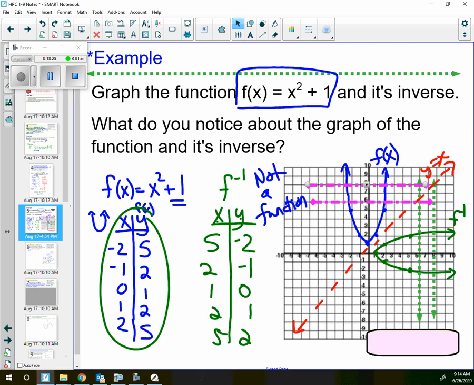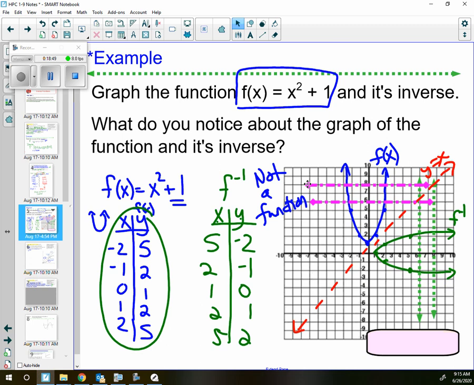Because remember, the outputs for the one function become the domain or the inputs for the other. So if I have two outputs on my original function that are the same, I have 5 and 5, that means for my domain over here, I'm going to have 5 twice. So we're going to have those repeating values. So it's a really quick and easy way on an original function to be able to know something about the inverse.